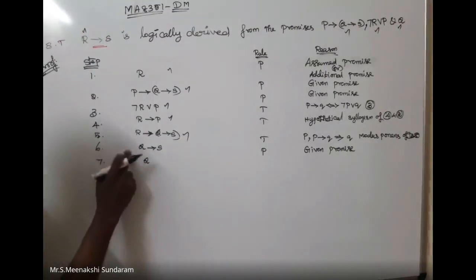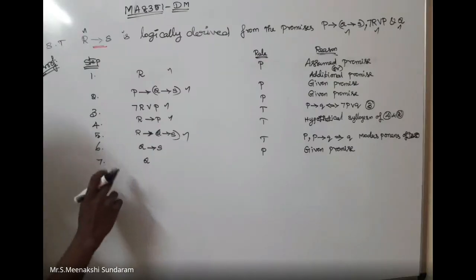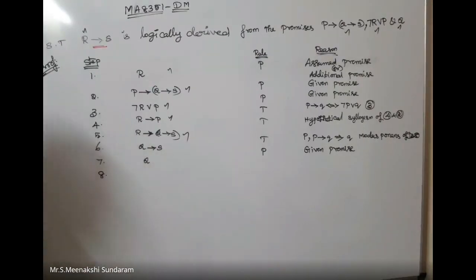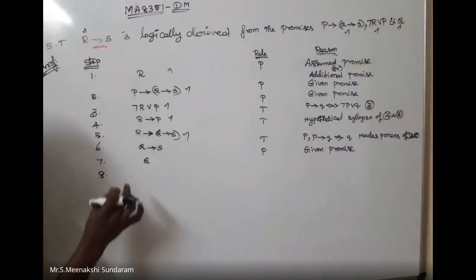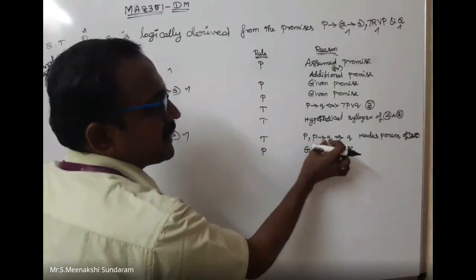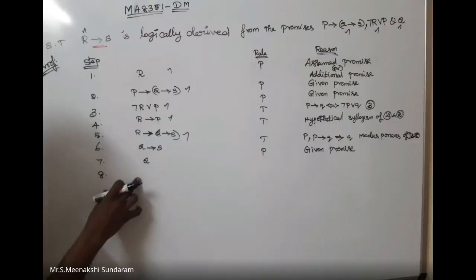Can I use these two steps? Any other formula? Q comma Q tends to S, P comma P tends to Q. The same formula I can apply here. What can you write?